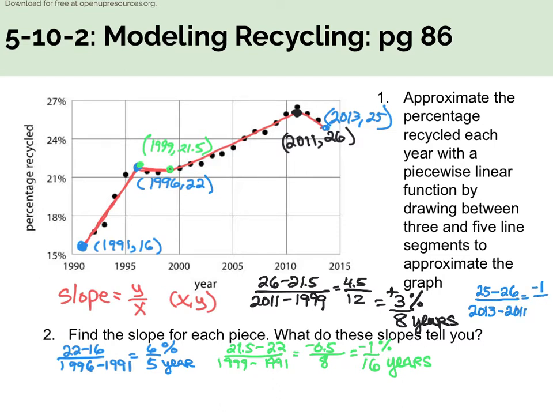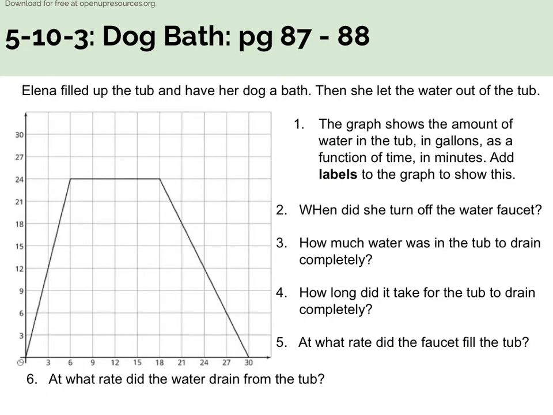So we're going to have negative 1, 2013 minus 2011 is 2. So it's negative 1/2, so it's going down 1% for every 2 years. So this is kind of understanding this piecewise, showing how the slopes or the rates change for every different piece. All right, let's go ahead and turn to page 87 through 88.